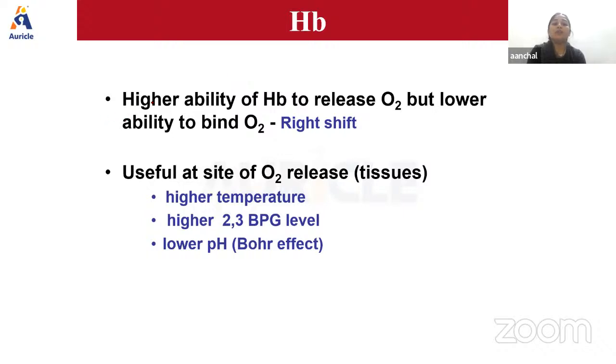Hemoglobin has a higher ability to release O2 but a lower ability to bind with O2, that we're going to learn in the ODC, known as right shift. It is useful at the site of O2 release, where there will be higher temperature, higher 2,3 BPG level, and low pH, that will be covered under the Bohr effect. That all we're going to learn in hemoglobin in RBC, in various chapters.